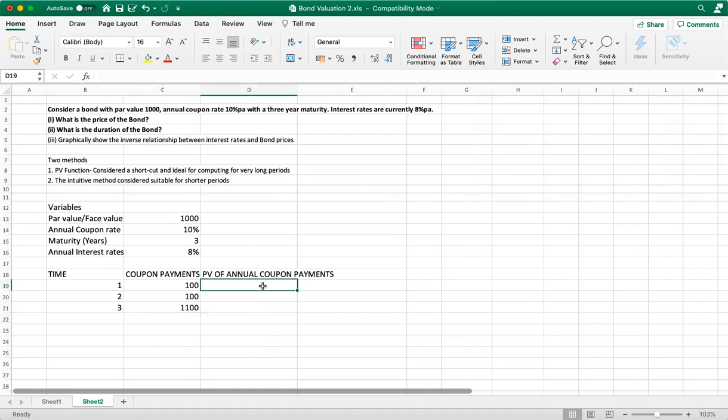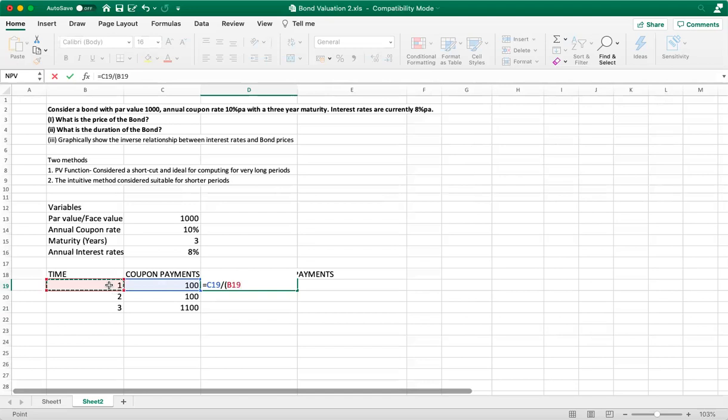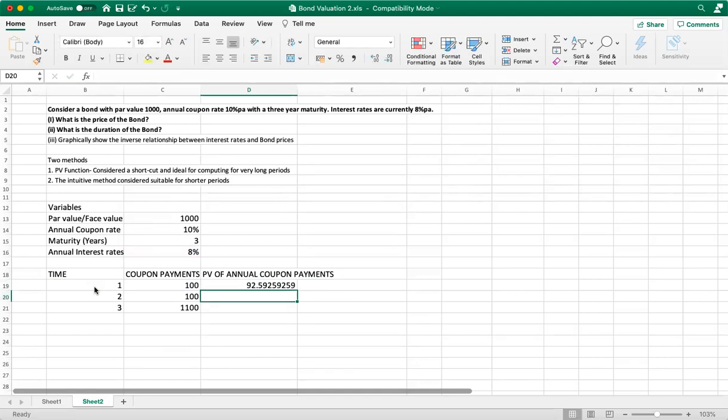So you say equals 100 divided by, in brackets, 1 plus R. So pick this one and put the $ sign on it, plus R. R is the annual interest rate, 8%. Put the $ sign, close the bracket, power 1. So we are discounting the 100 received at the end of year 1 to the present. So that gives you 92.